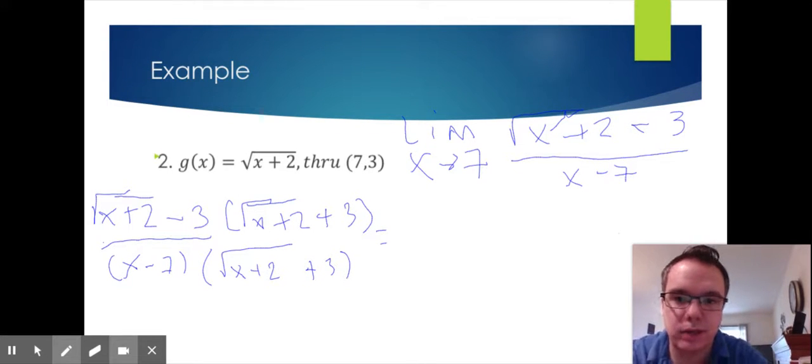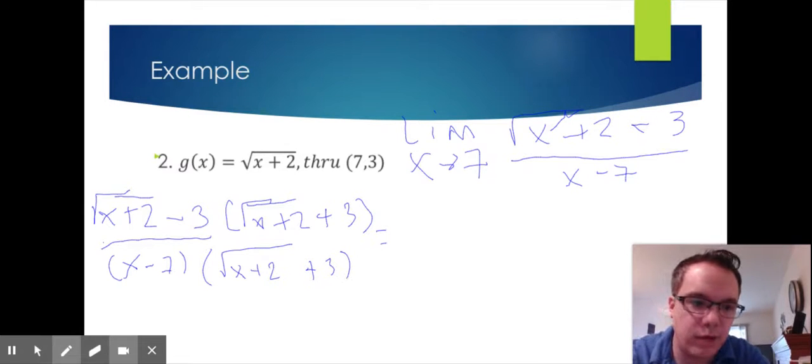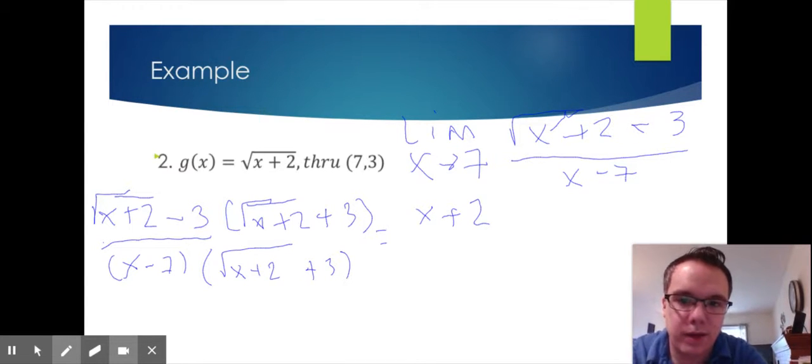So the square root of x plus 2 times the square root of x plus 2, if I take the square root of anything and multiply by itself, remember that's squaring, so I'll just get the radicand, which is x plus 2. And then I have negative 3 square roots of x plus 2 plus 3 square roots of x plus 2, those cancel out, and then I have negative 3 times 3, which is minus 9.